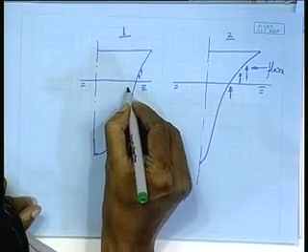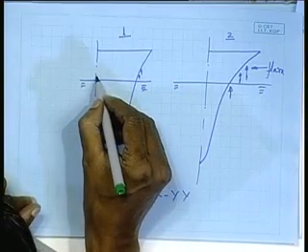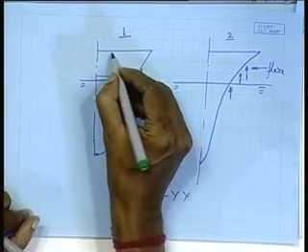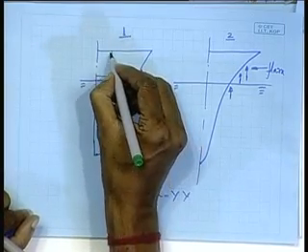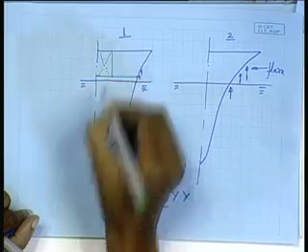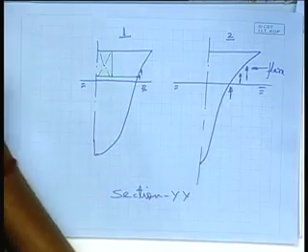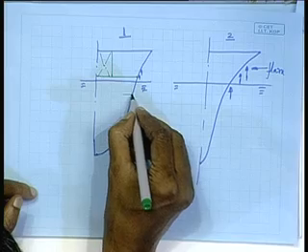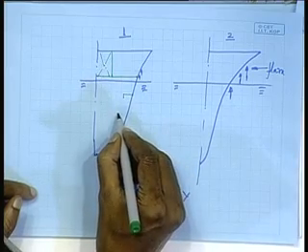So, the stringers, let us assume this is that deck we have provided. We have the chain locker, right, and then the stringer, two stringers we have shown. It's nothing but a member like this.